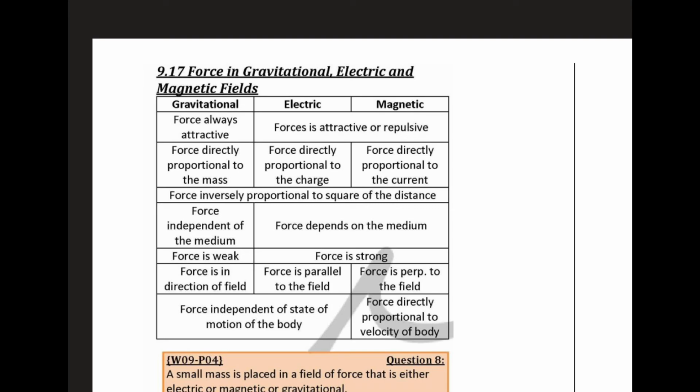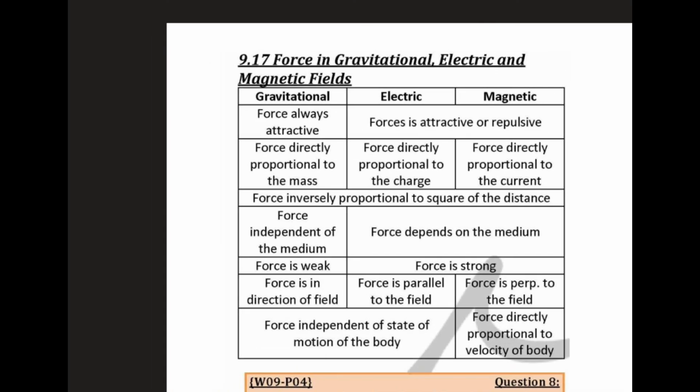Okay, so let's look at the next point. Force is directly proportional to the mass. We put the formula at the side as revision. For gravitational force, F equals G M M over R squared.